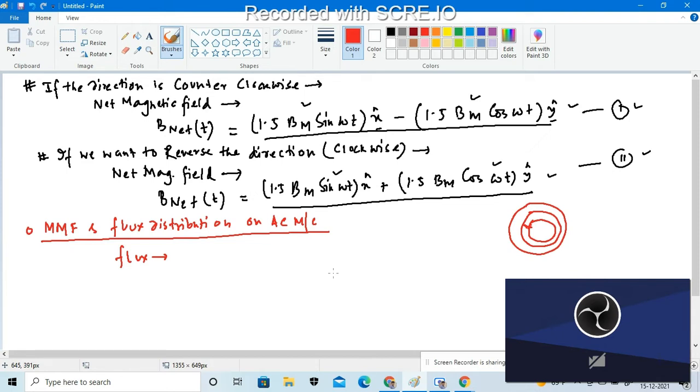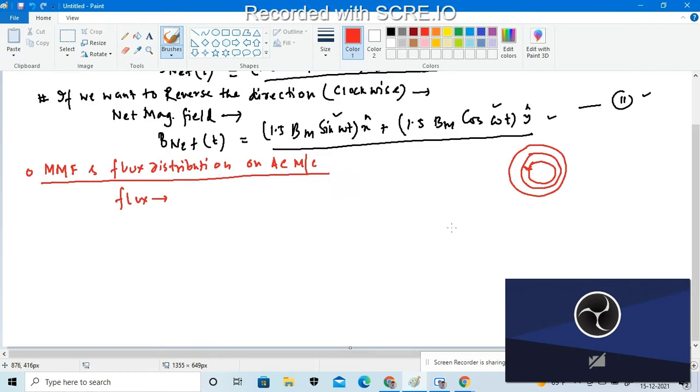So we draw two figures to distinguish between the non-salient pole rotor and the salient pole rotor. First I will draw the non-salient pole rotor, then the salient pole rotor, and we will distinguish between the two different design types of rotor. I will draw first, then discuss briefly.